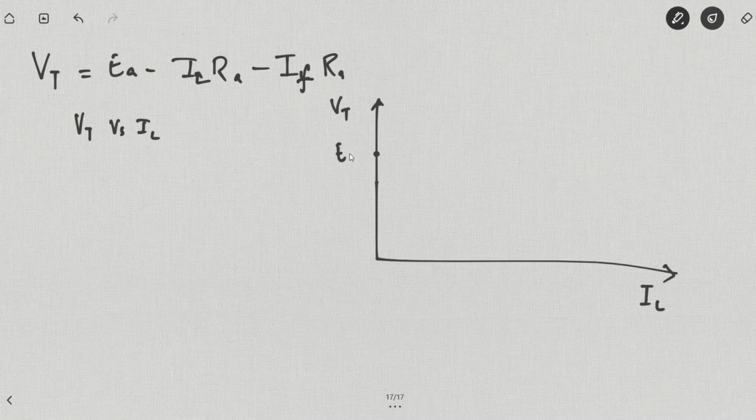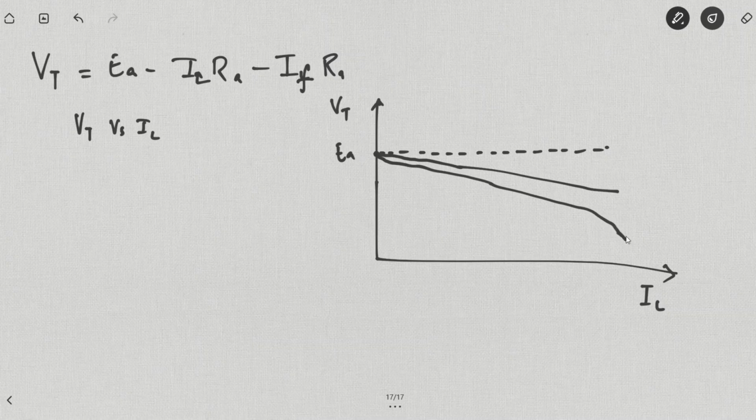So this will start at a point where VT is equal to EA, and then there will be a drop because of ILRA. Instead of writing ILRA, we can say this is the IRA drop, and there's a second drop because of the flux weakening.